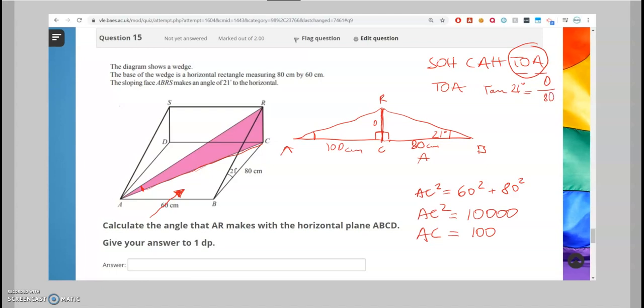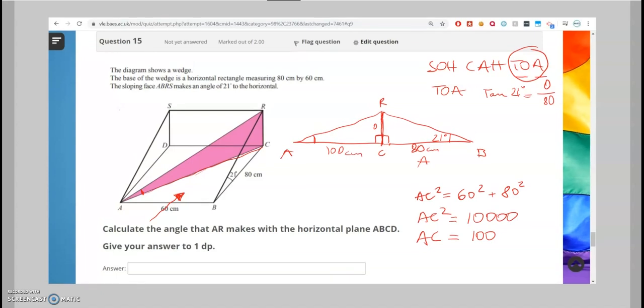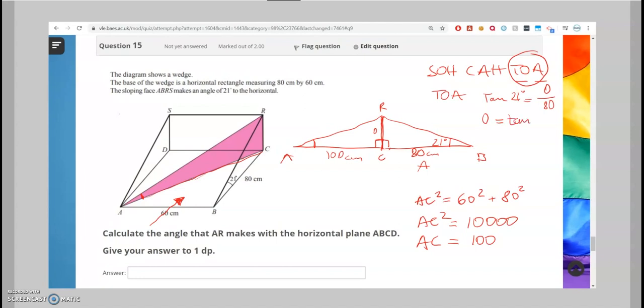So tangent of 21, we can work out using a calculator. To make this more accurate, we're going to say length of O is equal to tangent of 21 degrees times 80. So we'll input this in the calculator.